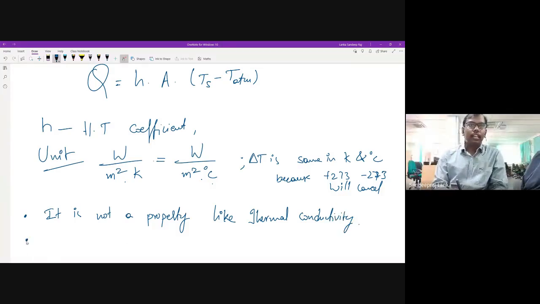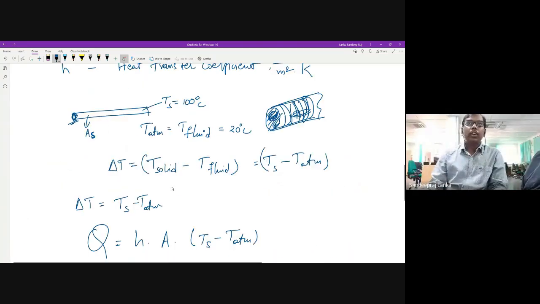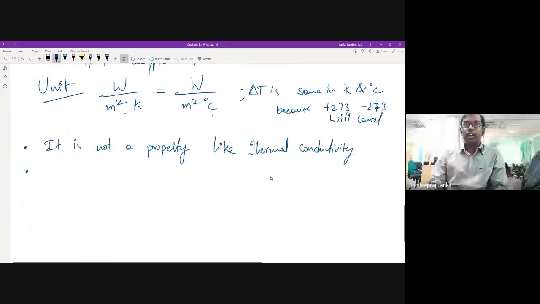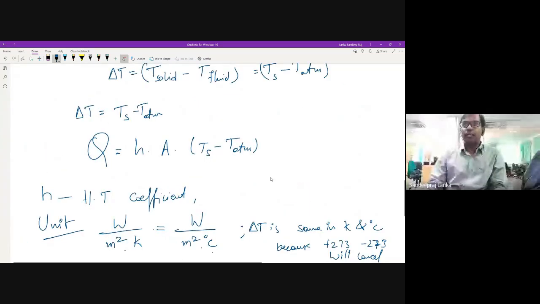H is not like that. How are you getting this H? H is a combination of your solid and the atmosphere. When you take the delta T in your conduction case, the delta T there is actually for the same solid. Let me write it here.